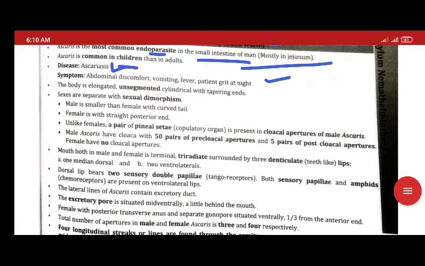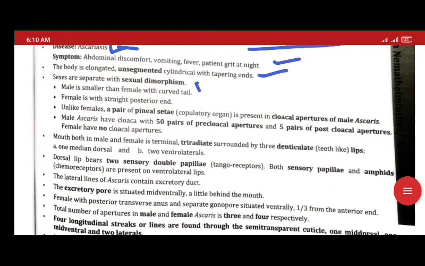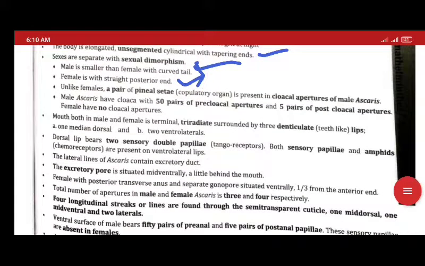Body is unsegmented and cylindrically tapering at the end. Sexual dimorphism is here, that female is more straight and male is curved tail, and male is smaller.